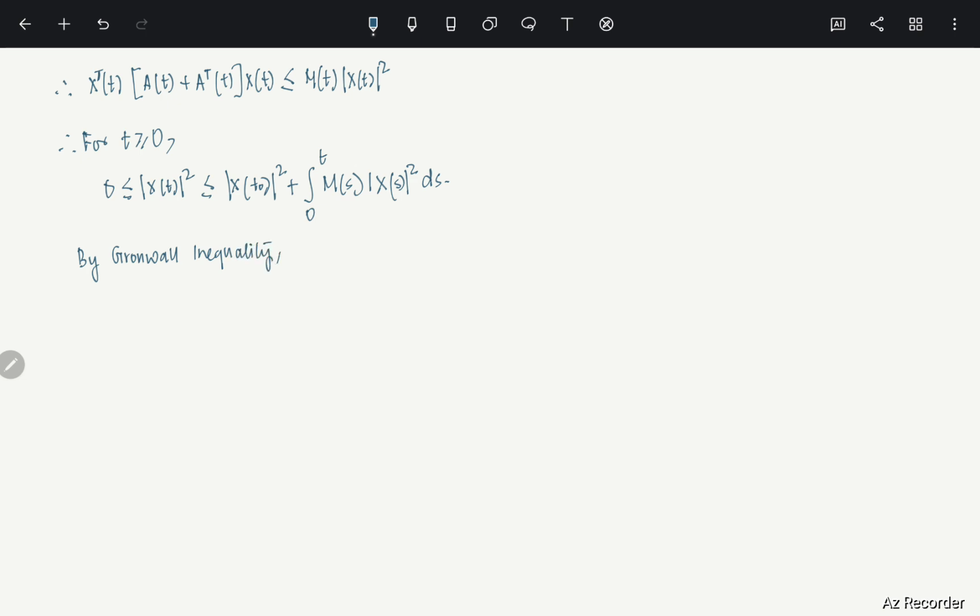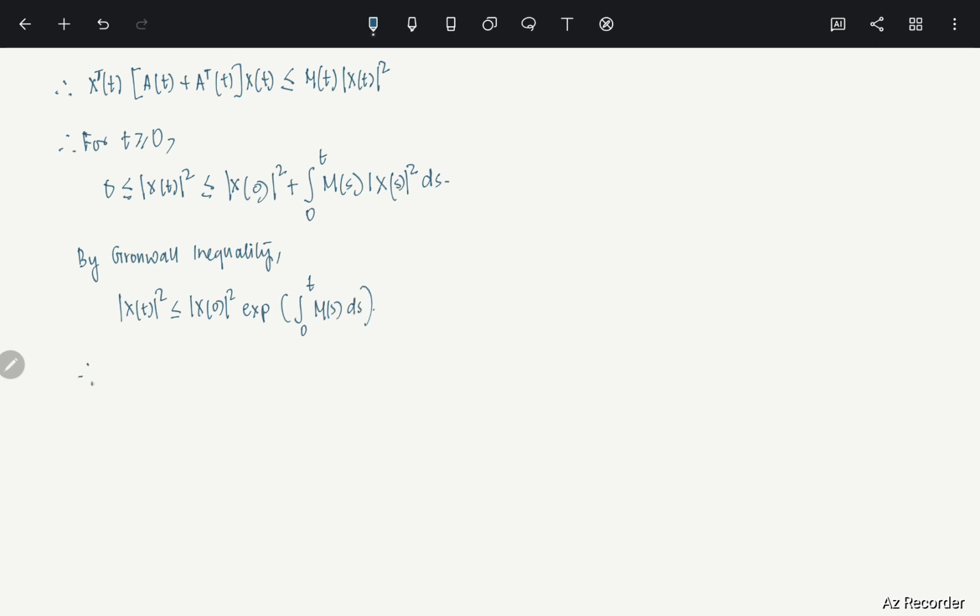we have that the norm of x(t) squared gets dominated by the norm of x(0) squared. What is t naught? Let's just put it as 0. Times exponential of the integral from 0 to t of m(s) ds. Is this okay?